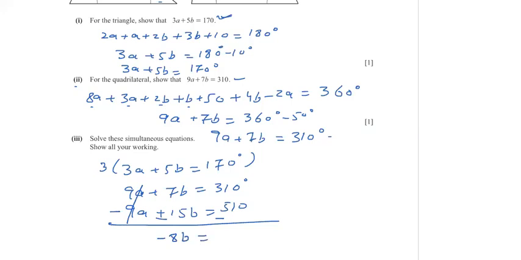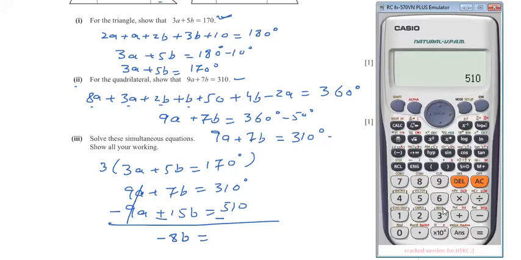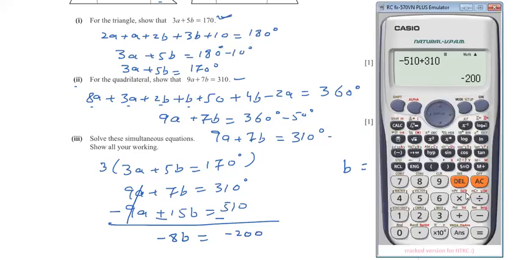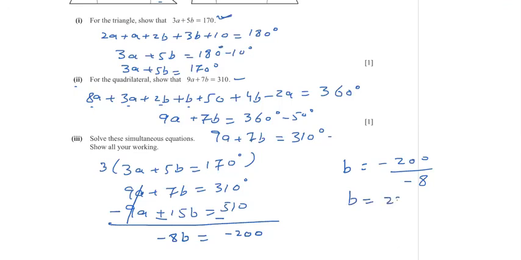That is equal to minus 510 plus 310, that is equal to minus 200. So b will be equal to minus 200 divided by minus 8, which is 25. So b is equal to 25.